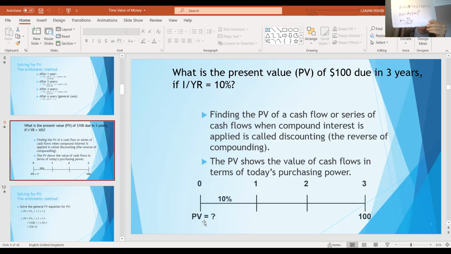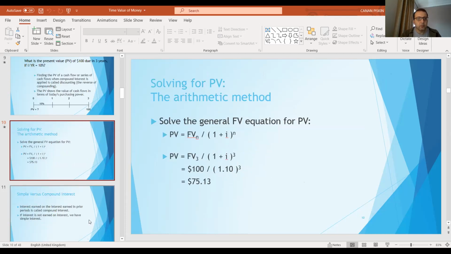You see, exactly the same thing, but this time we are discounting. So we know the future value, we know the interest rate, we know the number of periods n, then we can find the present value. So if we discount this, we end up with 75.13.